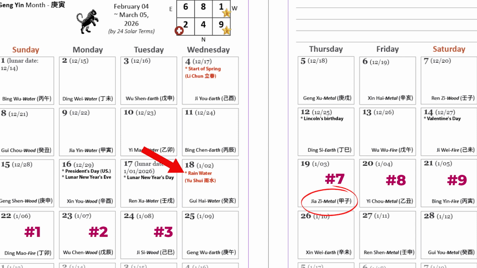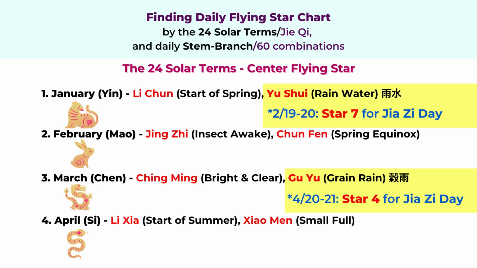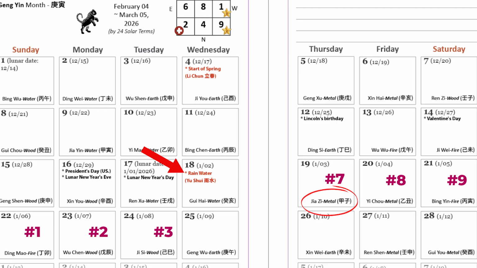We find the Jiazi day near the Yu Shui, and the center star of that day will be star 7. And when you check the calendar, the Jiazi day is on the 19th. So on the 19th of February 2026, it's the number 7 as the center of the Flying Star chart.